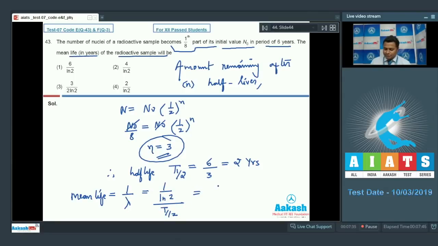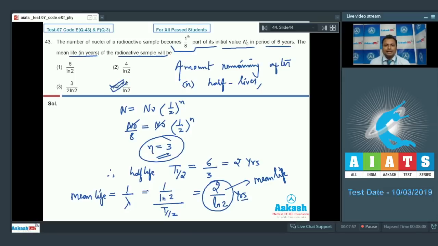T half goes at the top. The value is T half divided by ln 2. So 2 upon ln 2 is mean life in years. After looking at the options, option number 4 is absolutely correct. So we will go with option number 4.